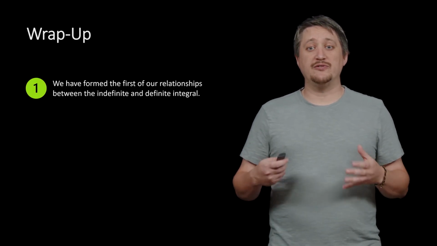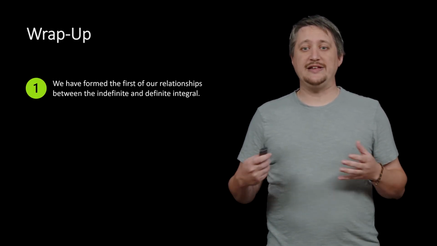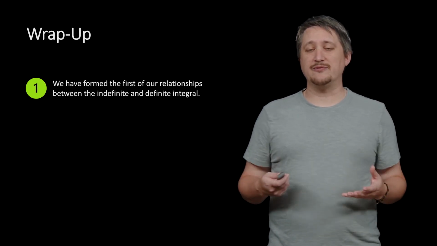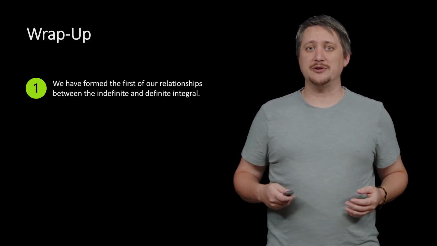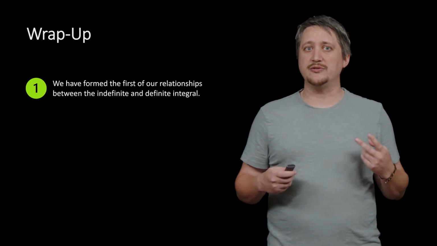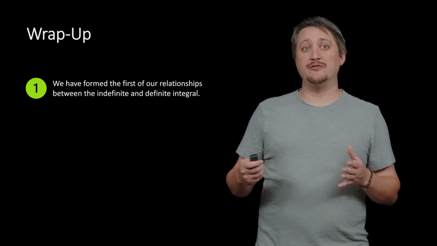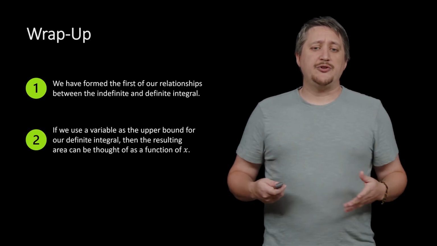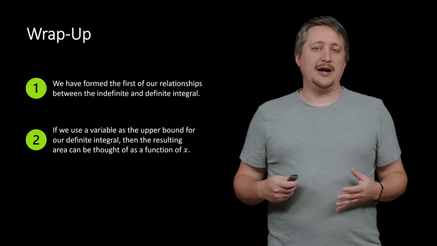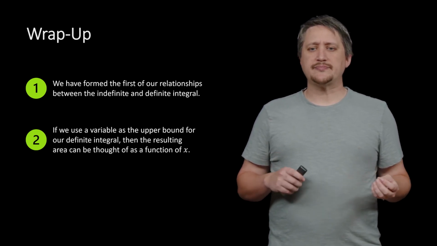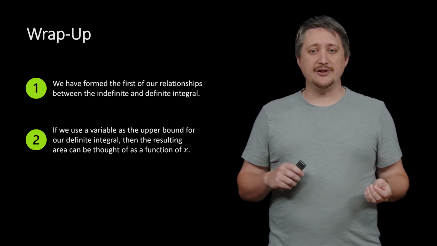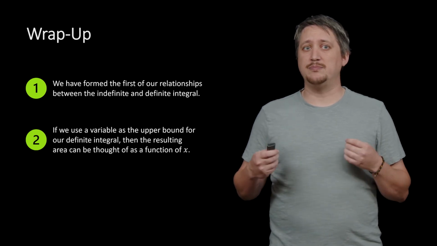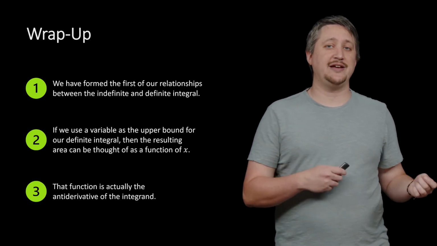All right, so we formed the first of our relationships between these indefinite and definite integrals. Remember, the fundamental theorem of calculus comes in two parts, so we've got one of those two. In particular, if we use a variable as the upper bound for our definite integral, then the resulting area can be thought of as a function of x, but that function of x is actually the antiderivative.